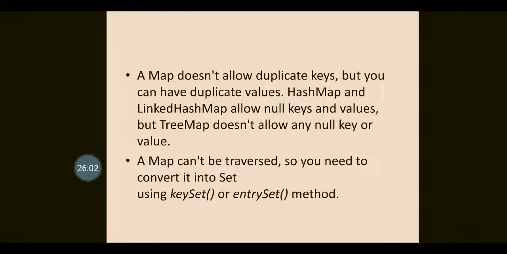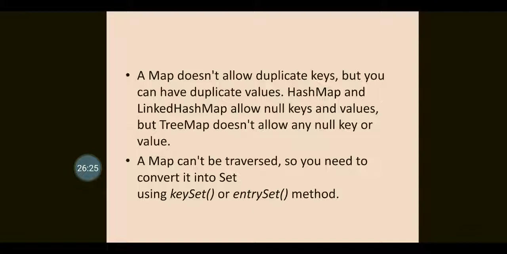A map does not allow duplicate keys, we have already seen, but it is possible to have duplicate values. I repeat, a map does not allow duplicate keys, but it is possible to have duplicate values.